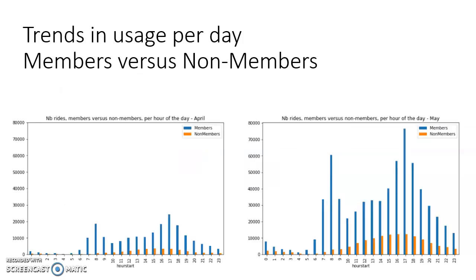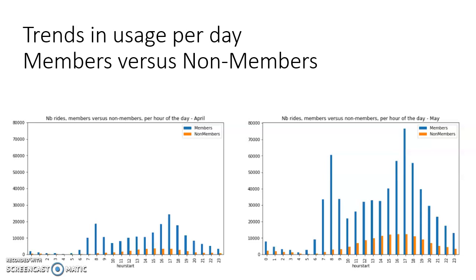Once sorted, this is the data exploration, we were able to look at the trend of usage in one day. The graphs presented here are for 2 separate months. Clearly, just by looking at the months, we know that April was less busy than May, and that members tend to use the bike system at more regular hours.